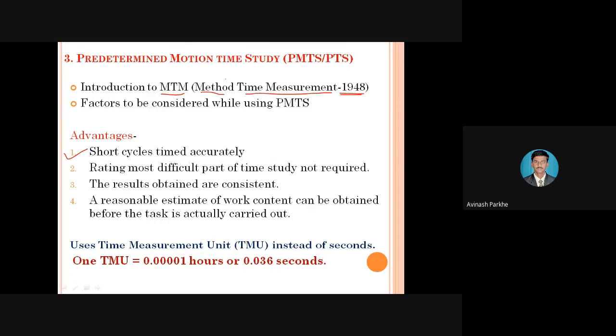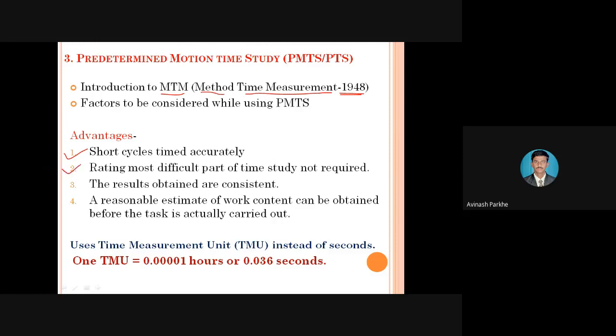If your job is very large and takes maybe 4 hours or 5 hours, then PMTS is not implemented for such activity. For jobs that can be completed within 1 hour, PMTS plays a very important role.